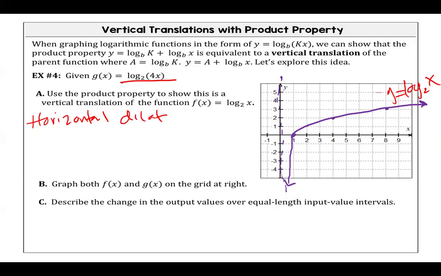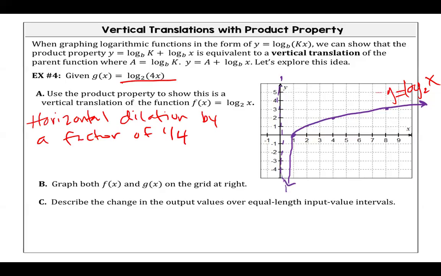And x's are liars. So it's not by 4, it's by a factor of 1/4. It looks like we're dilating by 4, but we're actually dilating by 1/4. Okay, that's our current position.